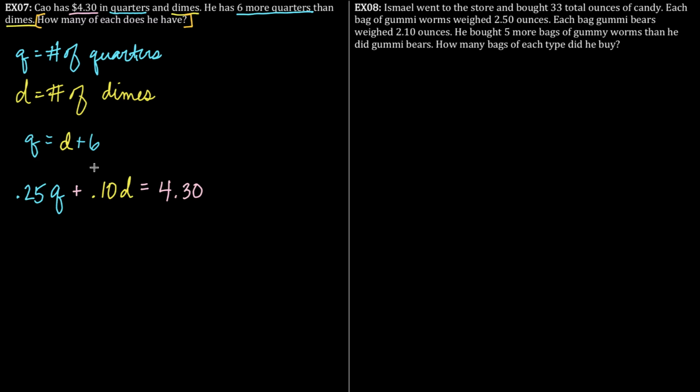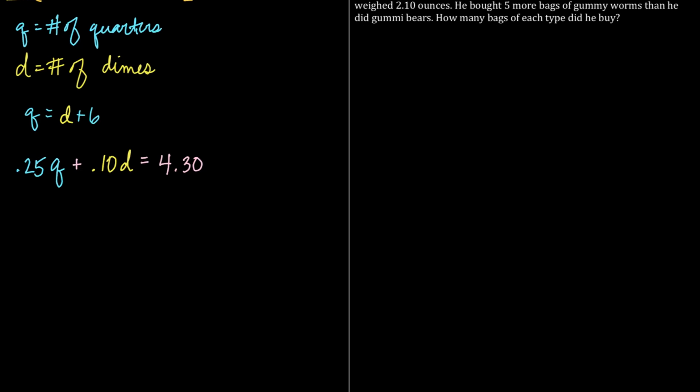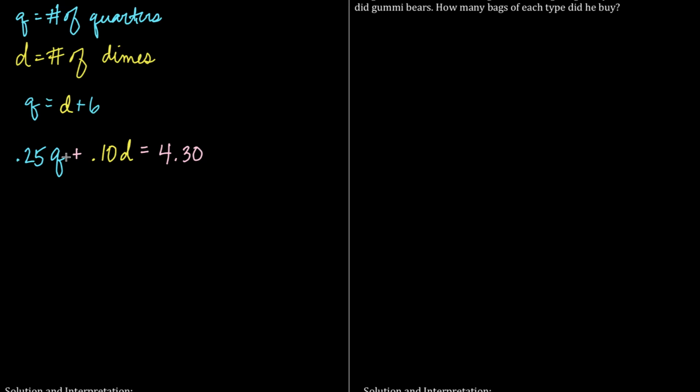So we just got to figure out the number of quarters and the number of dimes. So what I'm going to do is substitute in Q equals D plus 6 for Q. So right here, I'm going to put D plus 6.